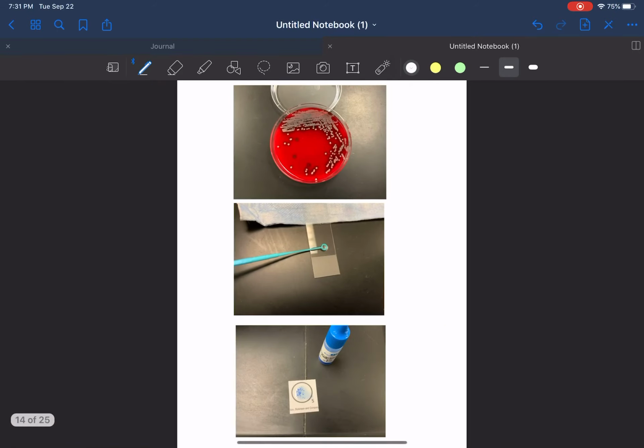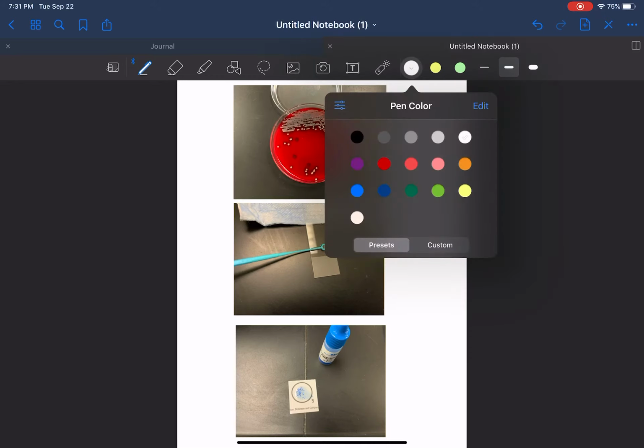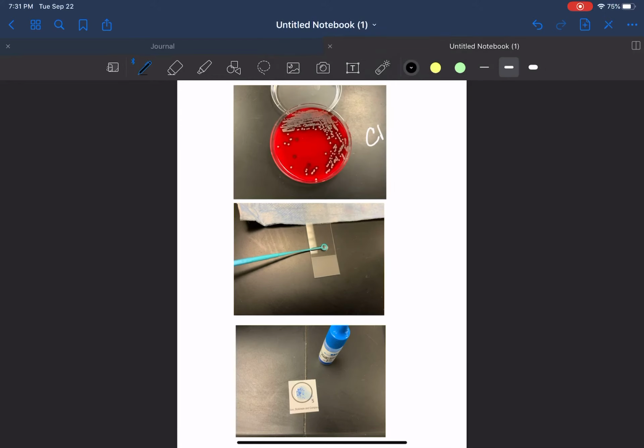So what's the first test that we do on gram-positive cocci? It is a catalase, done using a slide with 1 drop of catalase reagent.